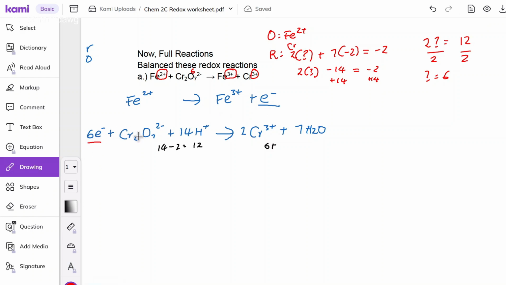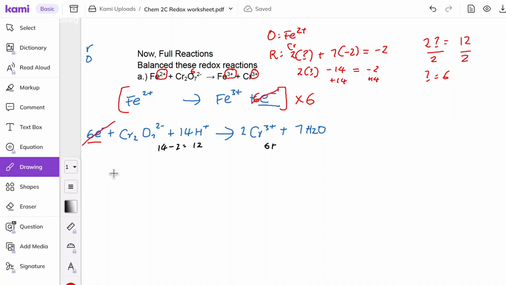So we have to manipulate the equation to have both electrons on opposite sides so they can cancel each other out. To do that, we find the greatest common factor, I think. Yeah. And since this one's 1, it makes it easier. We just have to multiply this whole thing by 6. And then it becomes 6 electrons, which is then able to get canceled out.